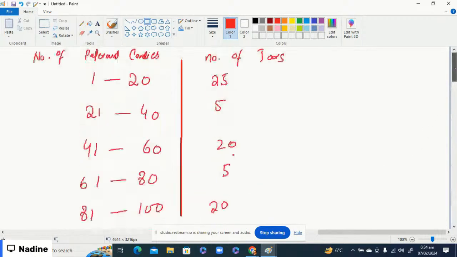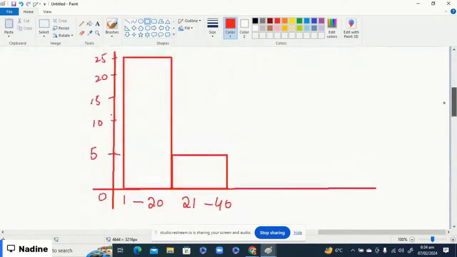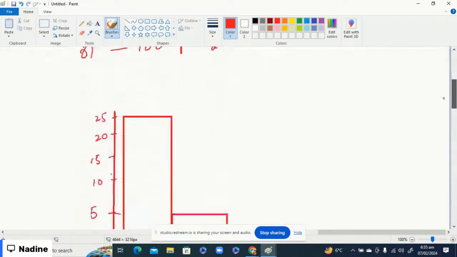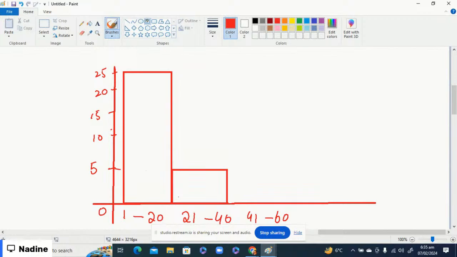Now 41 to 60. How much of it? It's 20. So move to the 20. Here is your 20. I'm moving it from here. So this is from 41 to 60.